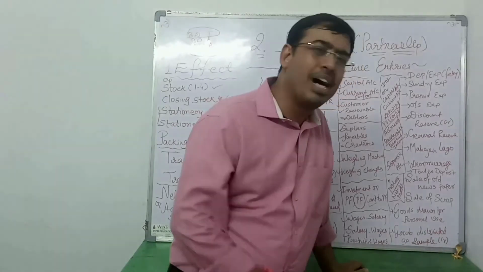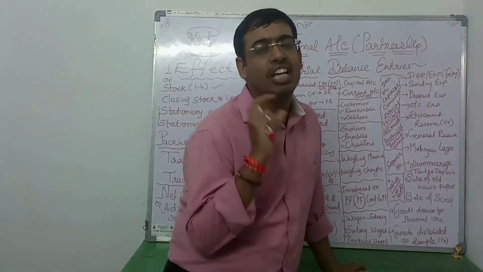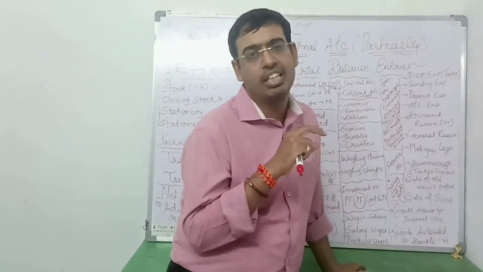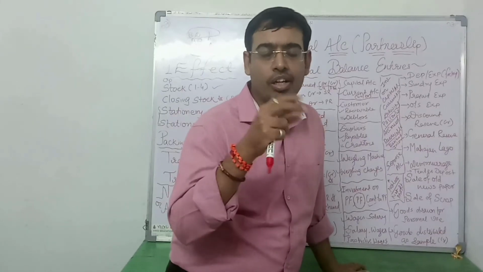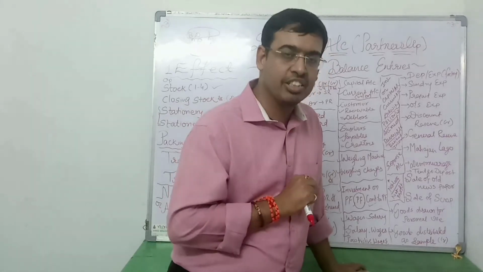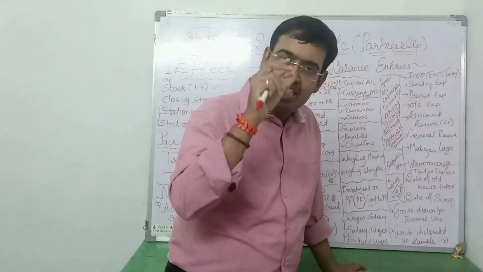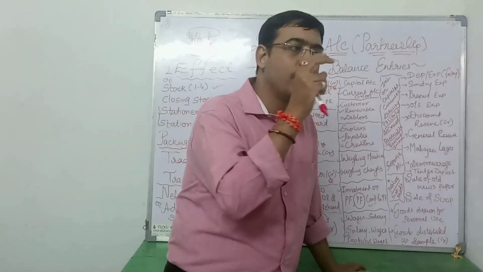Now, what do you mean by Mahajan Lago? Mahajan is a Gujarati word which means association, and Lago is also a Gujarati word which means annual fee or charge. So Mahajan Lago means annual charges of a particular association.